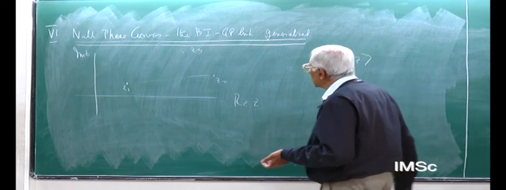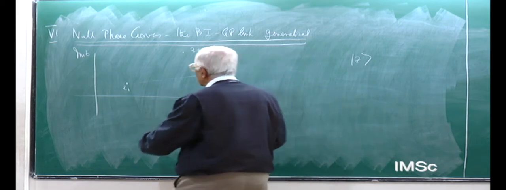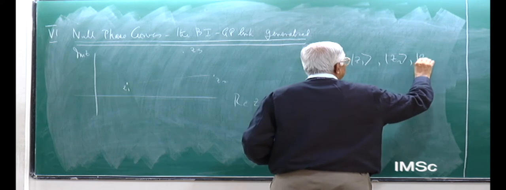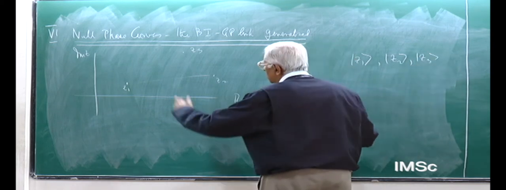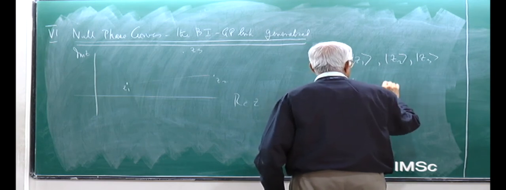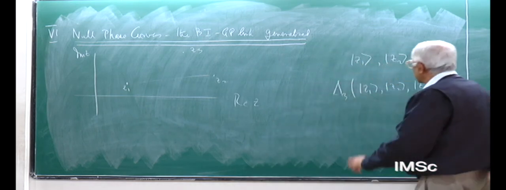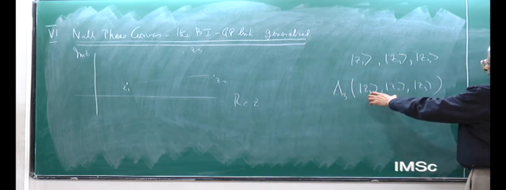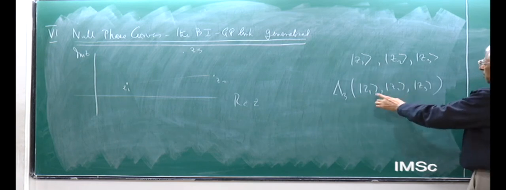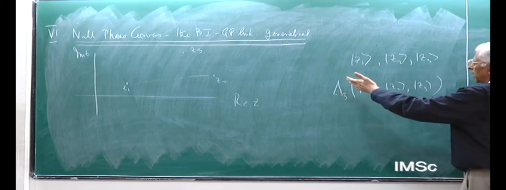So suppose you take 3 coherent states, Z1, Z2, and Z3, and then you construct the corresponding Bargmann invariant. Now this Bargmann invariant depends only on the choice of these three vectors. It's an inner product, 1 with 2, 2 with 3, 3 with 1. It will have, in general, a phase.